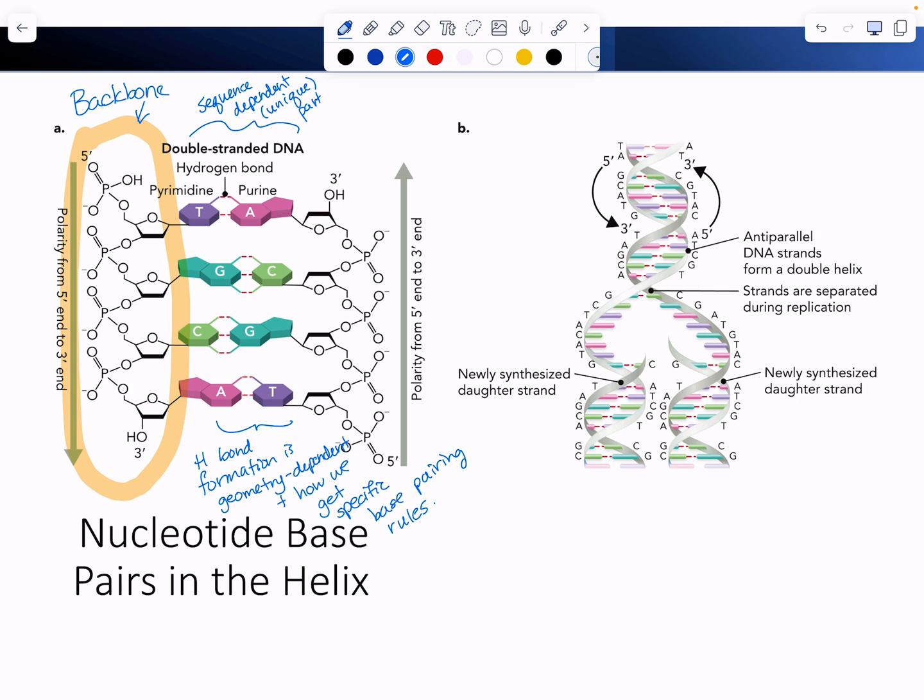And as we dive further into our study of nucleic acids, what we'll find is there are what we call the standard or canonical base pairs, and then we have what are called non-canonical base pairs. In cases where you have different geometry, you can get a GT base pair or a GA base pair.